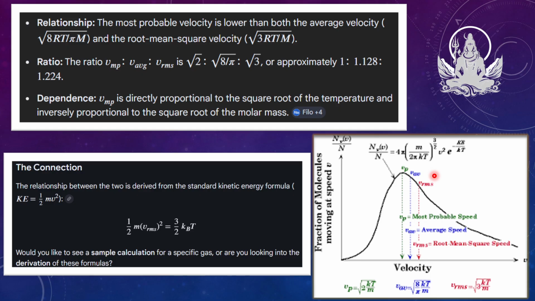Or they can simply ask you an MCQ, either in physics or in chemistry, depending on the kind of exam you're giving and the kind of syllabus they're having. What are the relationships between these three velocities? So you might be given these options.